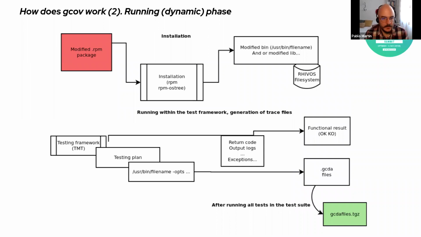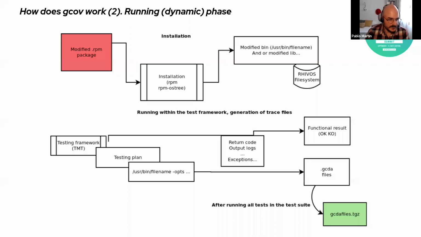OSTree is a layered file system to optimize for flash memory and also to have snapshots of the system. So the installation happens with rpm-ostree, and the product is the binaries that are modified from this RPM. The version of the RPM would be the same, but then we overwrite the binaries with this one.